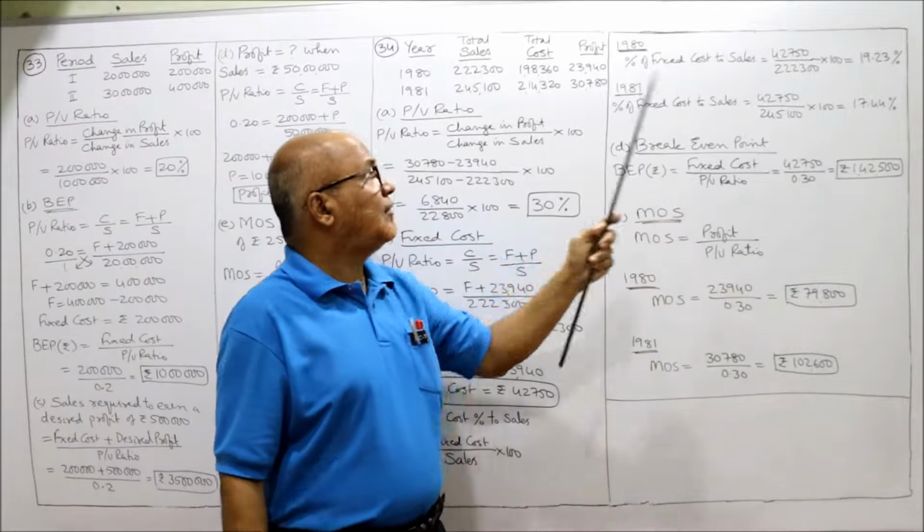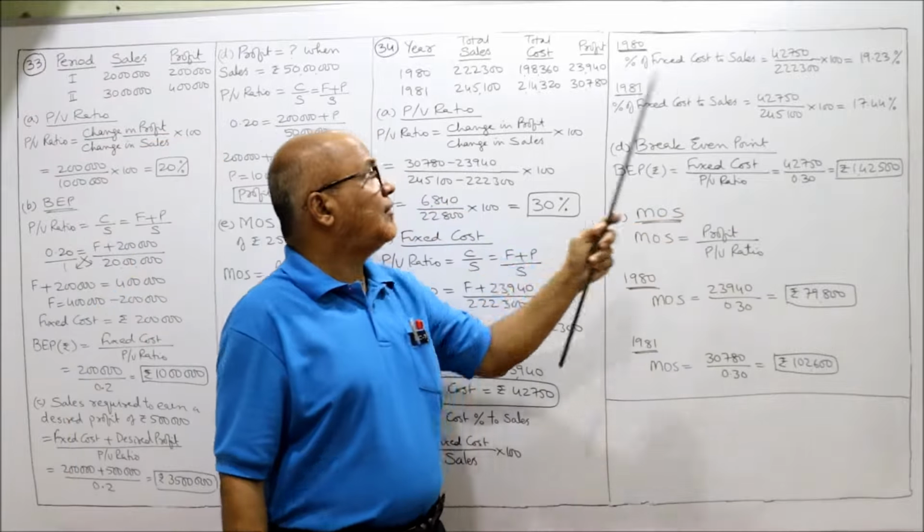So this is the problem. Now see carefully. It's exactly similar to the previous problem because two period data is given. Year 1990-91, first year. Second year 91-92. Number of units are 7,000, 9,000 units. And every unit the selling price is 100 rupees.